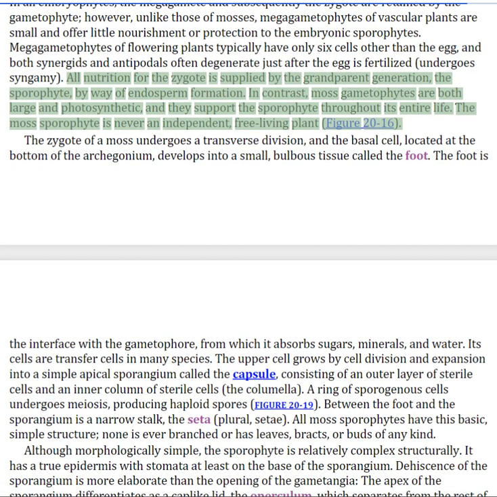All nutrition for the zygote is supplied by the grandparent generation, the sporophyte, by way of endosperm formation. In contrast, moss gametophytes are both large and photosynthetic, and they support the sporophyte throughout its entire life. The moss sporophyte is never an independent, free-living plant.